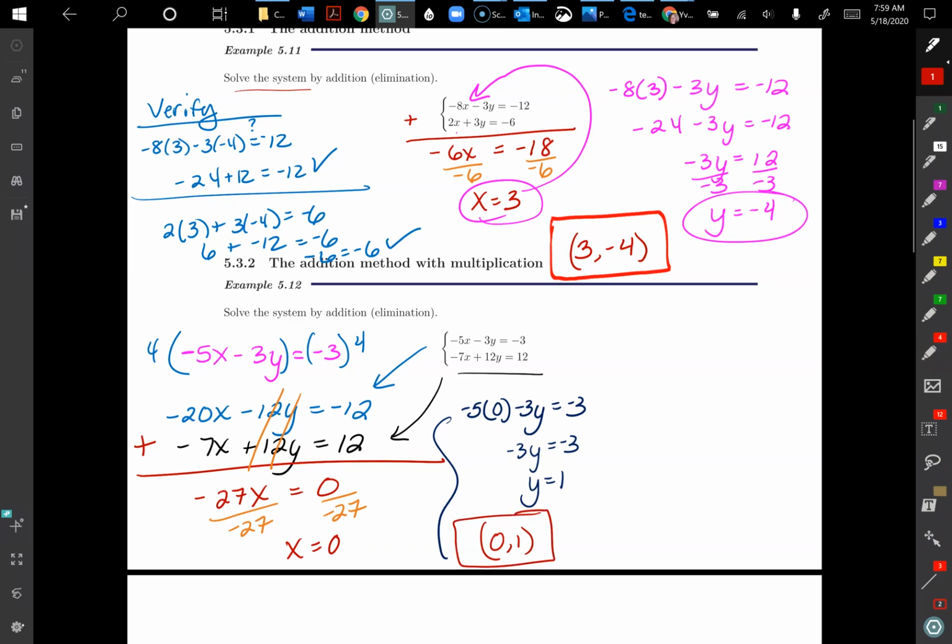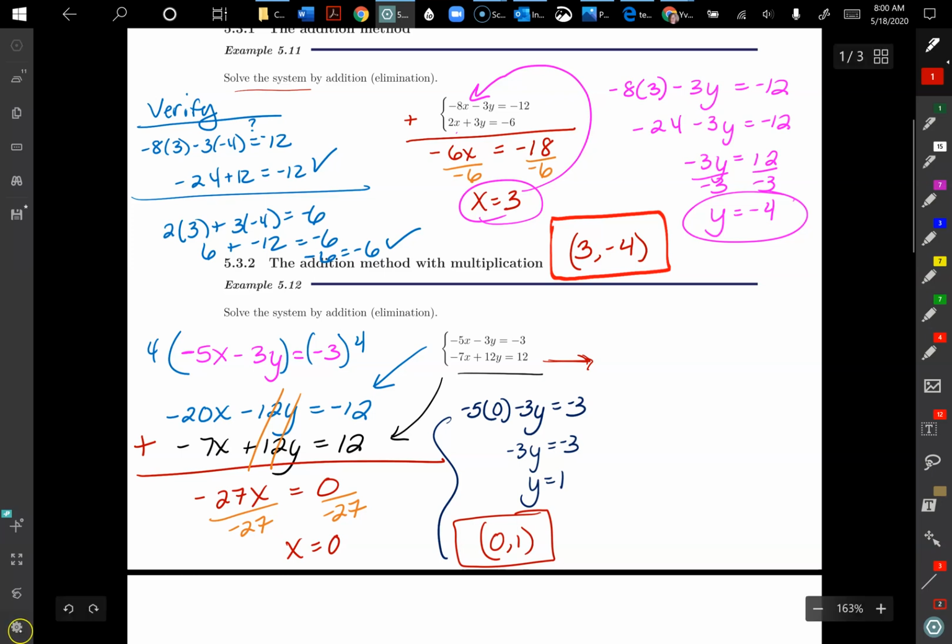Now I'm going to show you if we had to deal with getting an opposite coefficient match when we don't have a common multiple on either one. So I want to try to manipulate this equation. Instead of back subbing, I could get rid of the x's on this one, but it's a little trickier.